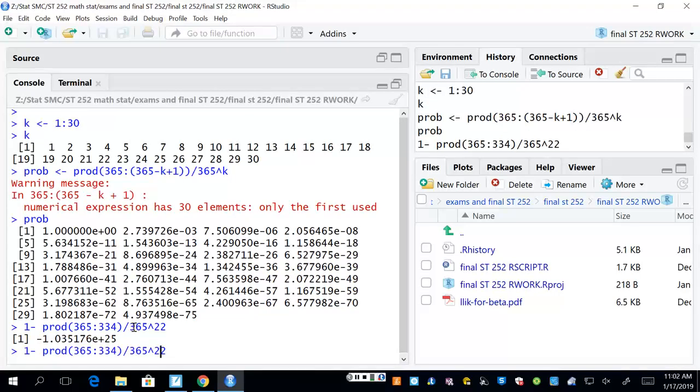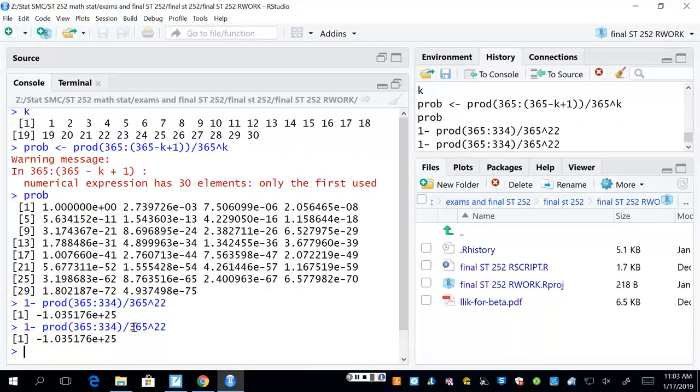But it ends up, oops, that's not good, right? I don't know what's going on exactly. The sequence from 365 down to 334. I think it's 344. That would do it, right?